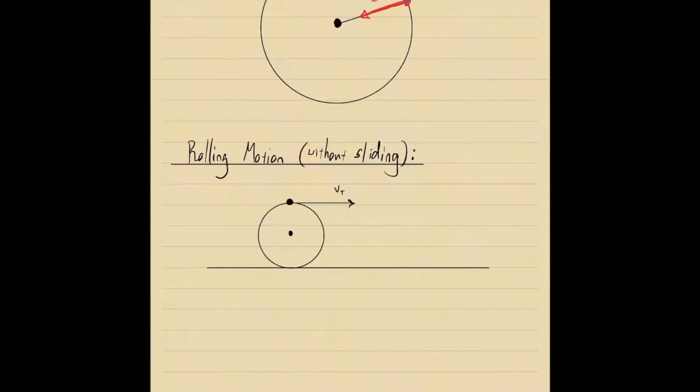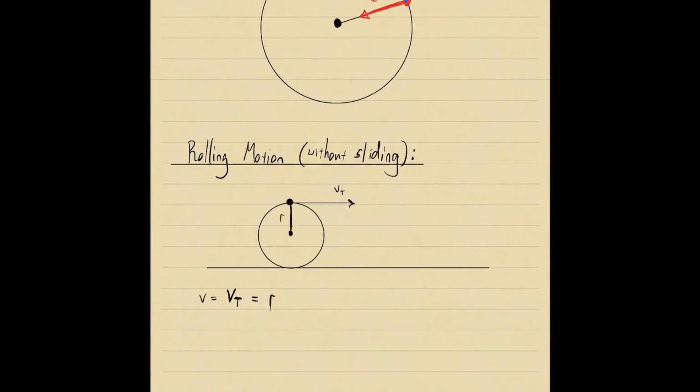And so I want you guys to realize that the linear velocity of this wheel, the speed with which the wheel is traveling forwards, like that, that velocity is actually equal to the tangential velocity of the wheel at the edge. So that's just the radius of the wheel times the angular velocity.